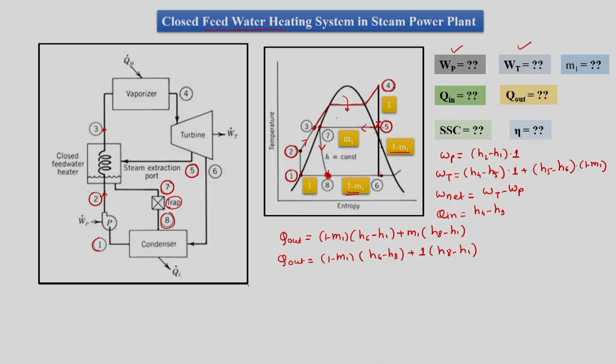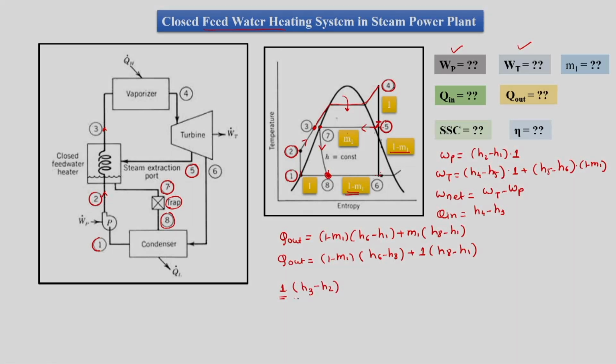Then we have to find out M1. M1 would be found out here with the constraint that the complete mass of water would get heated, and its enthalpy will rise from H2 to H3.